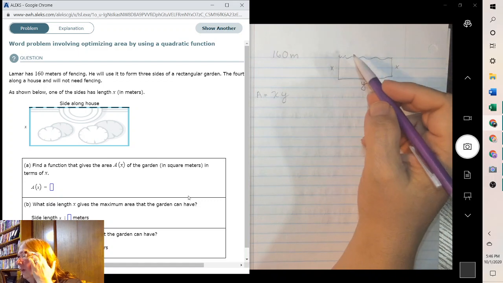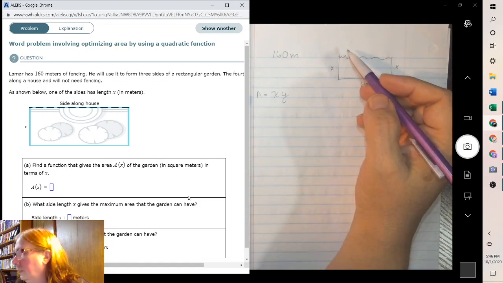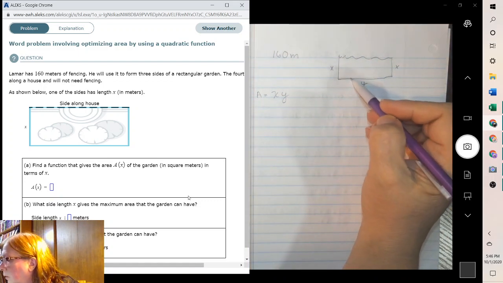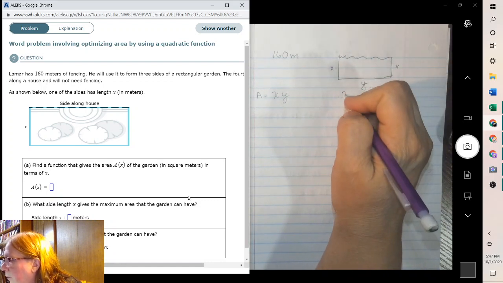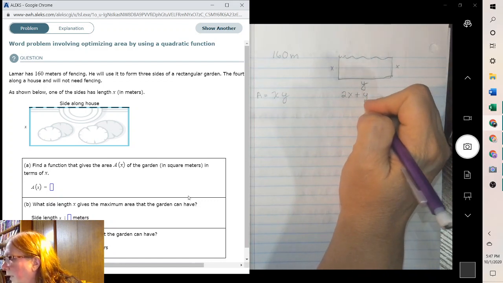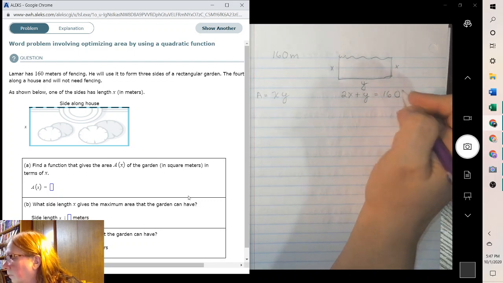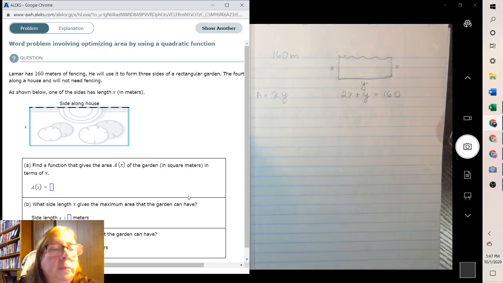They gave us how long the fencing would be. It's going to go around here. So the 2x plus y equals the 160. But for part A, they want it in terms of just x. Right here's the x.